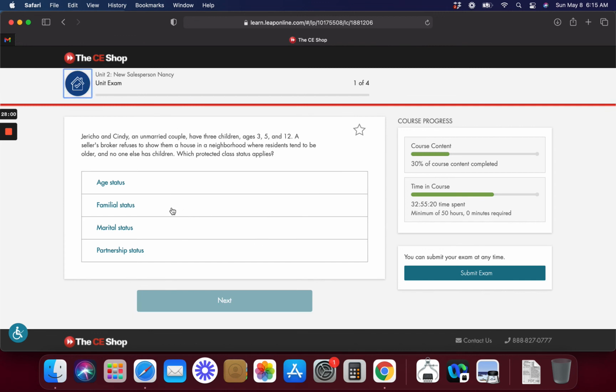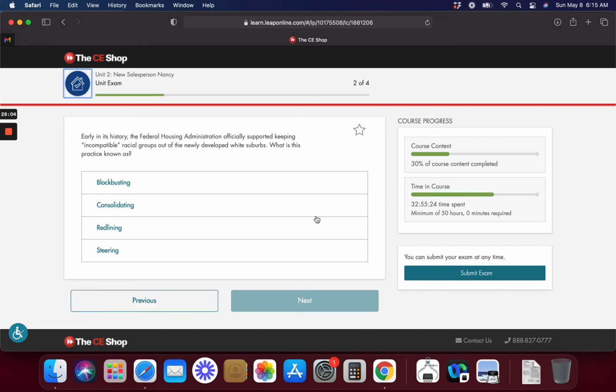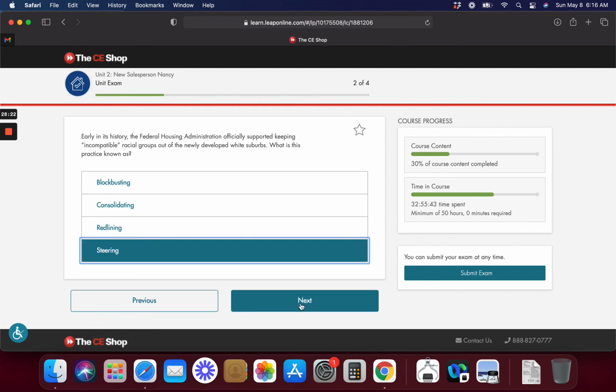Okay, this one is going to be familial status, children. Anytime you see children. All right, supported and compatible racial groups out of white suburbs. I don't know. I'm thinking it's steering. It could be blockbusting.